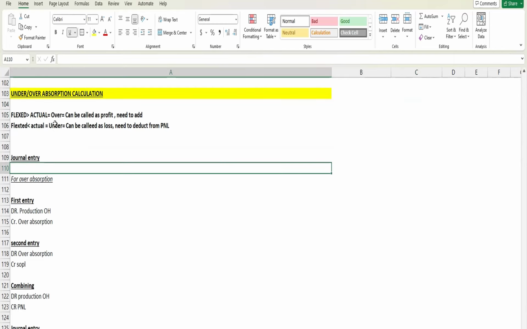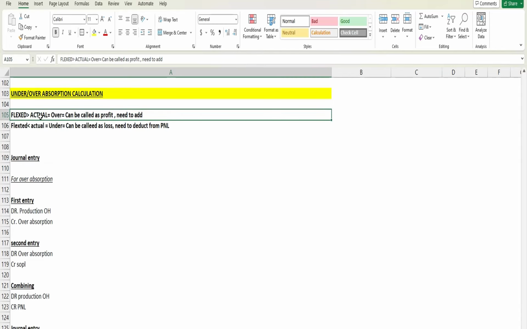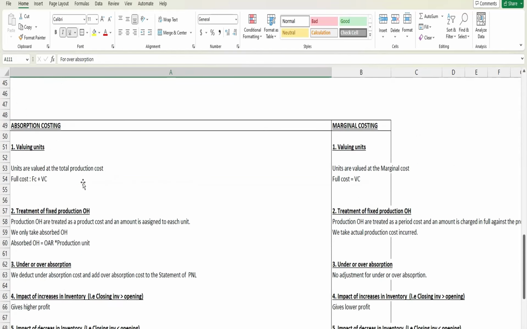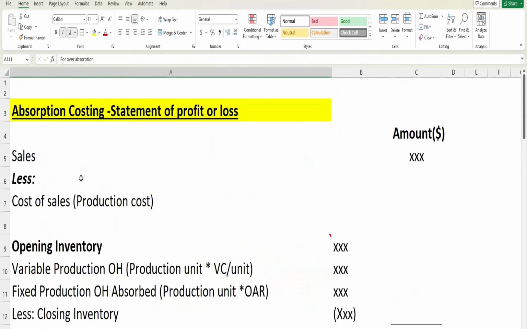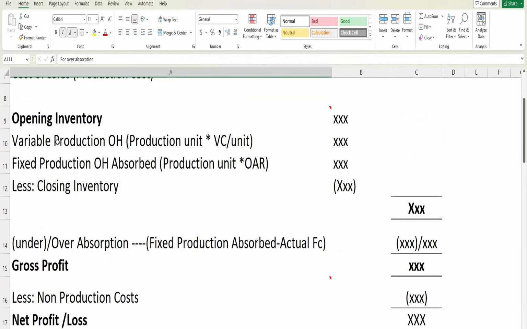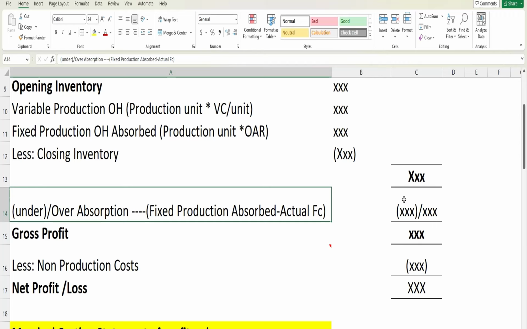So if your flexed cost is more than the actual one, it's over absorption. You can call it a profit, and you need to add it to the P&L. You might have seen this in the previous video, where I discussed the statement of profit or loss in the case of absorption costing. You can see that in the case of over absorption, I have added this to our profit.